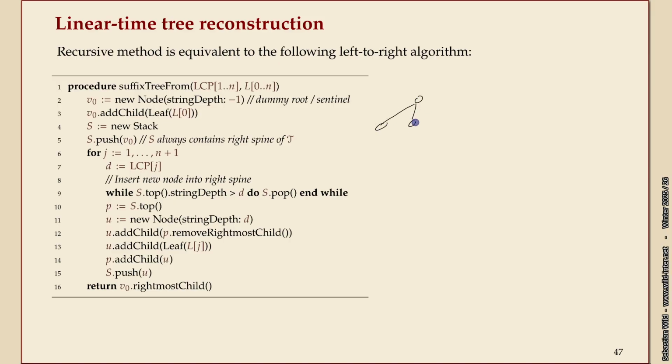So if that is your current suffix tree, let's do one more here. I'm going to keep these 2 guys. That's the right spine. I'm following the rightmost child pointer down until I reach a leaf. These 2 I'll keep on a stack from bottom to top, so root downwards.